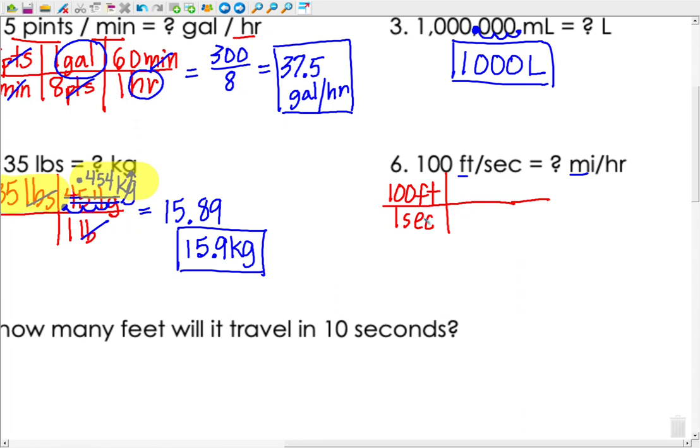So for the first relation, I know that there are 5,280 feet in 1 mile. That's what I'm going to place here so that I can cancel it with the feet here. This gets rid of feet. And now we want to go from seconds to hours. So if my seconds are at the bottom, I need my seconds to be at the top. I need to write that there are 60 seconds in 1 minute.